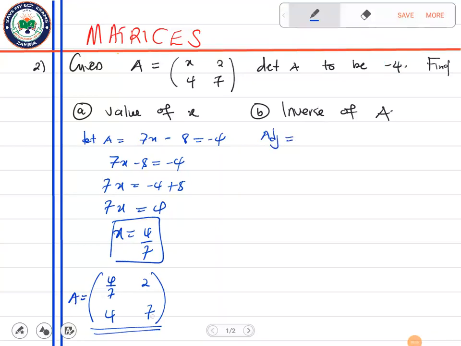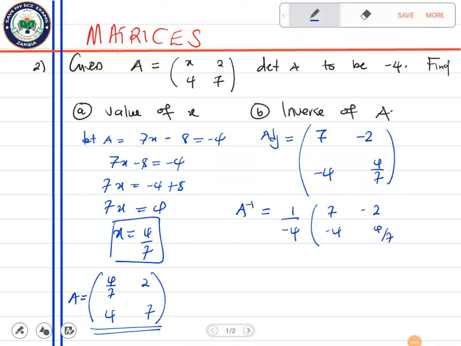The adjoint is that the diagonal elements, you swap them. So 7 goes there, then 4 over 7 comes there. Then these change signs, negative 4 and negative 2. Then you multiply this by the inverse of the determinant. So A inverse is equal to 1 over negative 4, multiplying by 7, negative 2, negative 4, and 4 over 7.